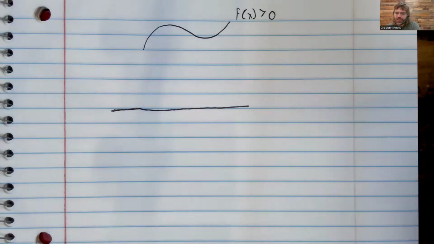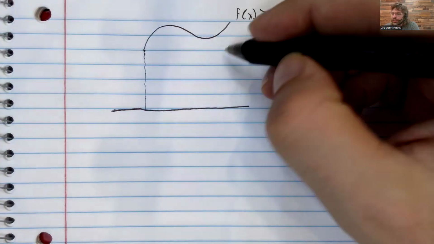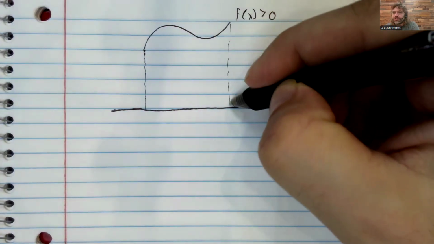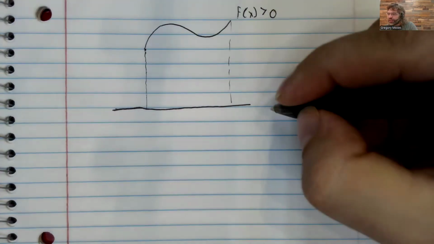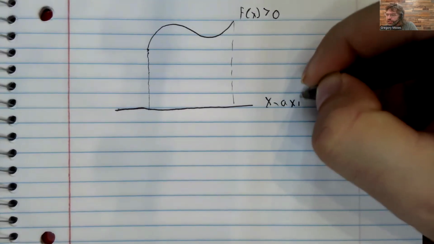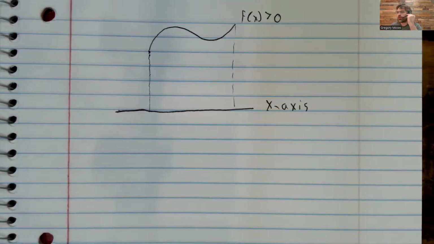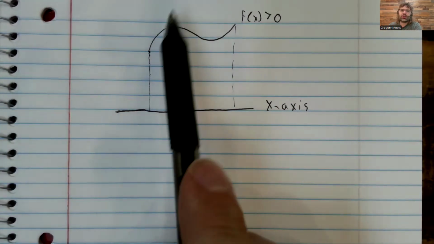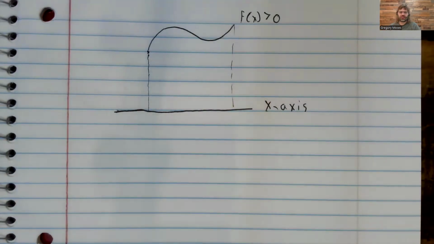Taking that literally, the area under the curve is infinite. It just goes all the way down to negative infinity. But what people really mean when they say area under the curve is the area between the function and the x-axis.